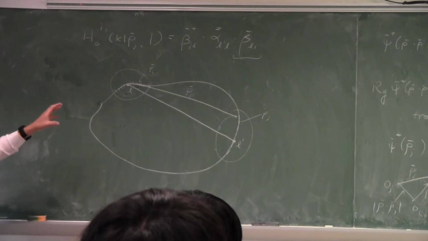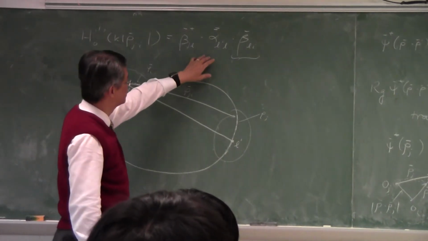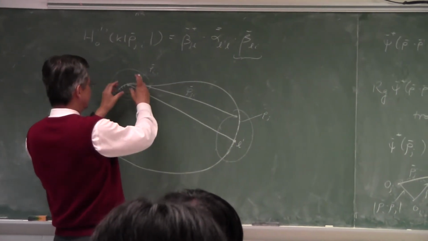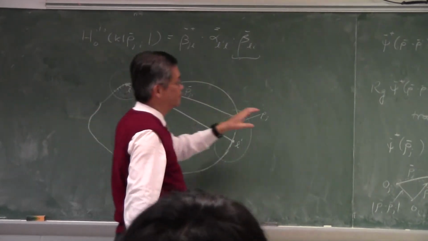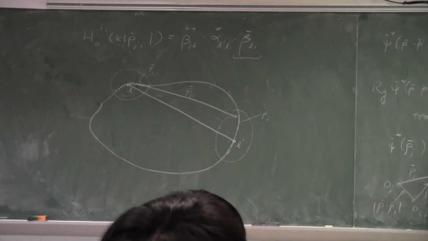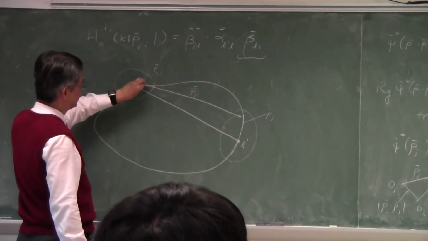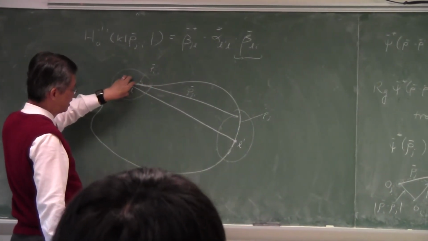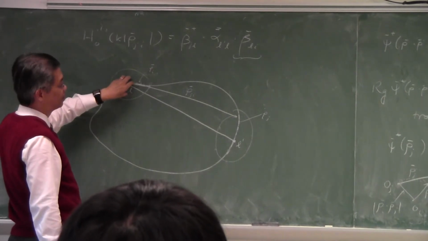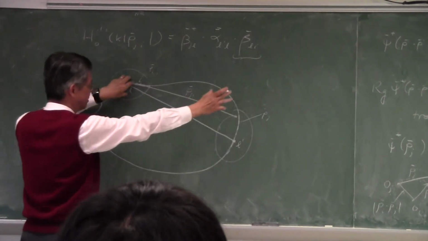After the first translation, which is a Hankel to Hankel translation, it changes a Hankel wave, a monopole emanating from this point, to a Hankel wave emanating from that point. This is what the translation does the first time around.